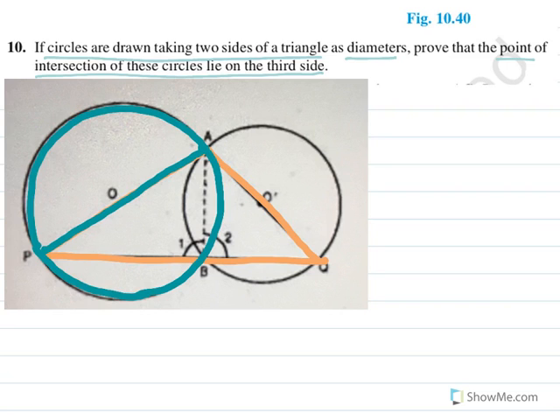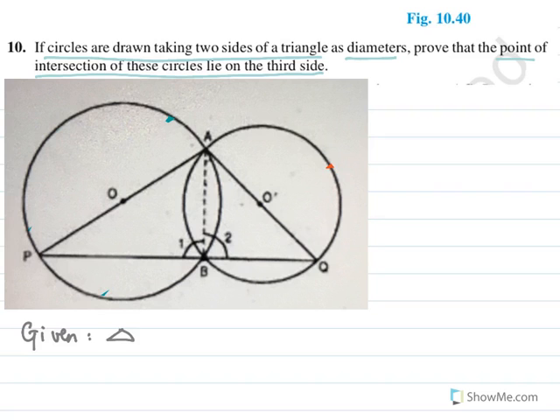And next, taking AQ as the diameter, you draw another circle. Now we need to prove that the point of intersection of these circles, which is B, lies on PQ. It lies on the third side of the triangle. AP is one side, AQ is the other side. We have to show it lies on the third side.